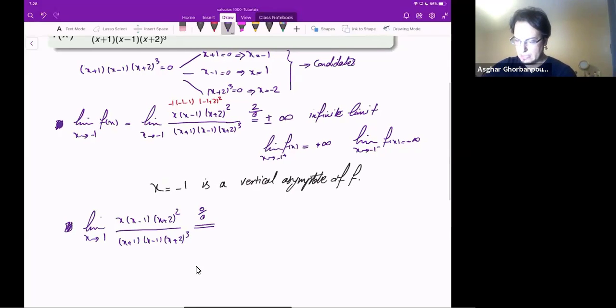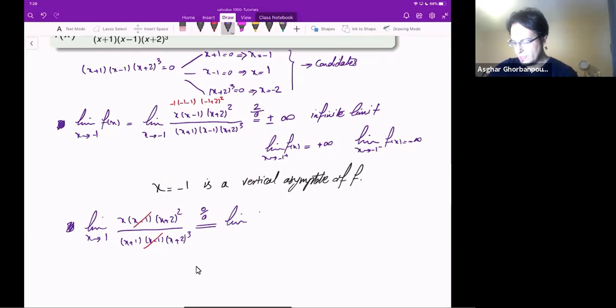And well, the factors you see here, you can cancel the vanishing factor and then find the limit of x times x plus 2 squared over x plus 1 times x plus 2 to the power 3 as x goes to 1.